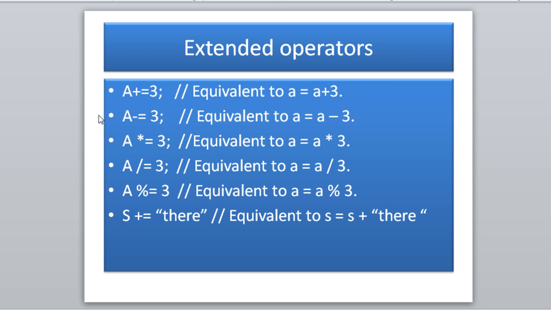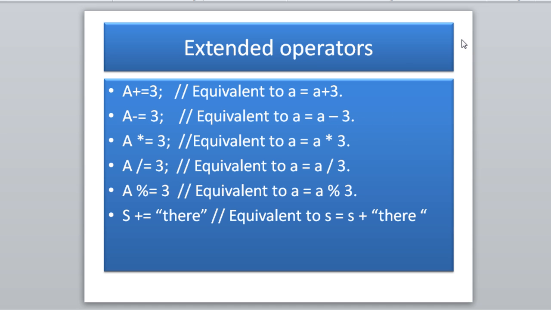These are the formulas you can use in your program to extend an assignment operator. You could do a plus equals 3, which is equivalent to a equals a plus 3, and a minus equals 3 is equivalent to a equals a minus 3.